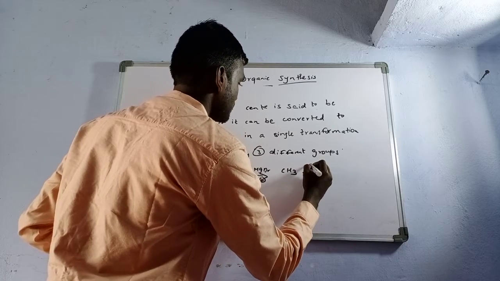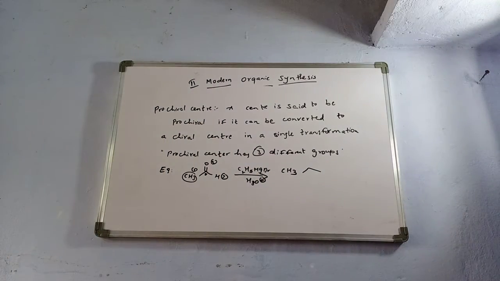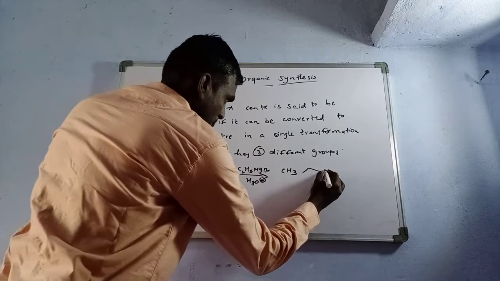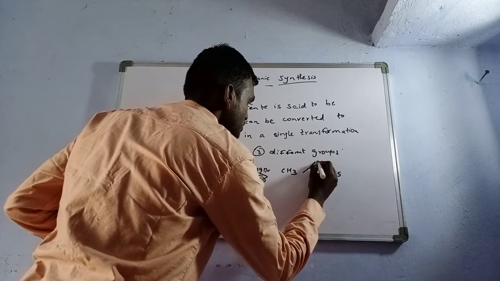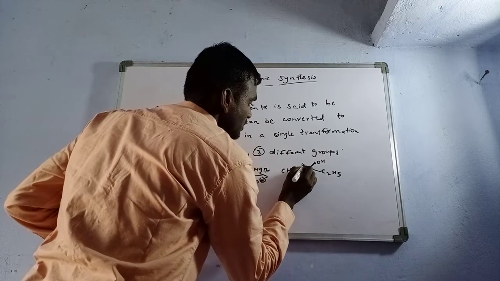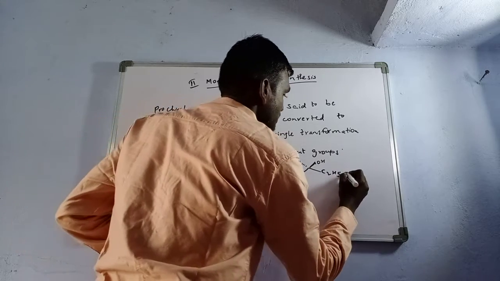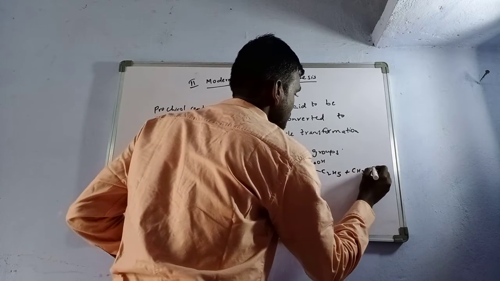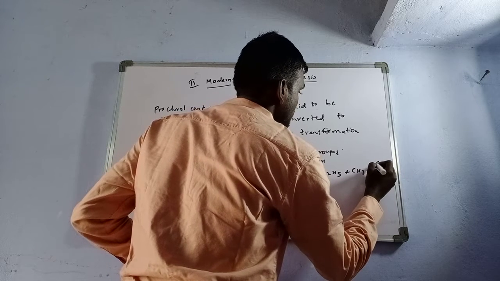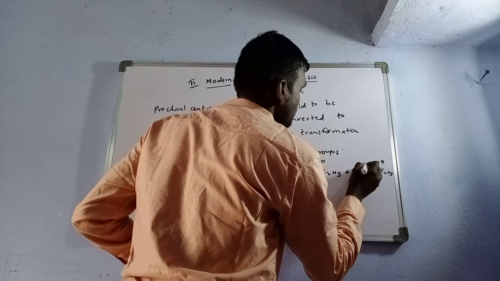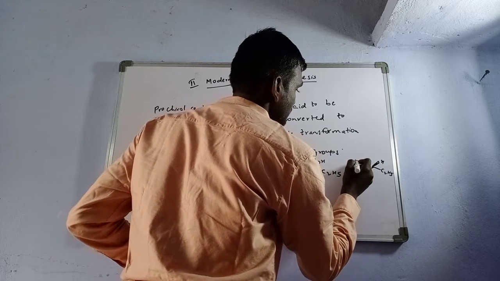Here hydrogen will be, C2H5, and it will be the OH, and there is a dotted line of H, and there is another chance of this one. Here C2H5, there is the thick line of the hydrogen, and there is a dotted line of the OH.